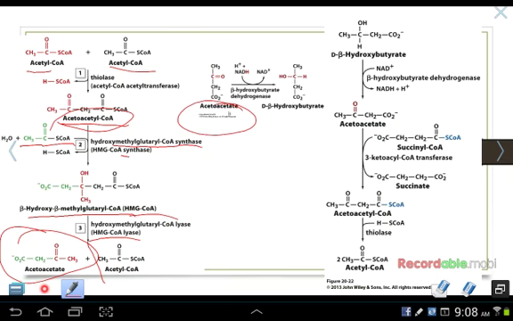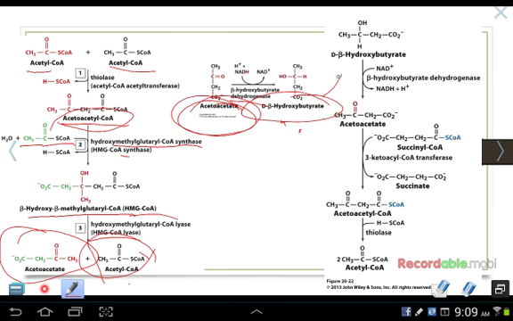Acetoacetate can then be converted using a dehydrogenase. So we're going to oxidize NADH to make NAD+, and we're going to transfer those electrons over to make hydroxybutyrate. All right, and now that we have hydroxybutyrate, we still have an acetyl-CoA that can undergo the citric acid cycle, and we may have some acetoacetate.